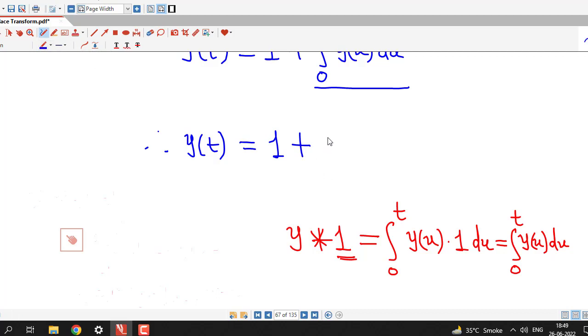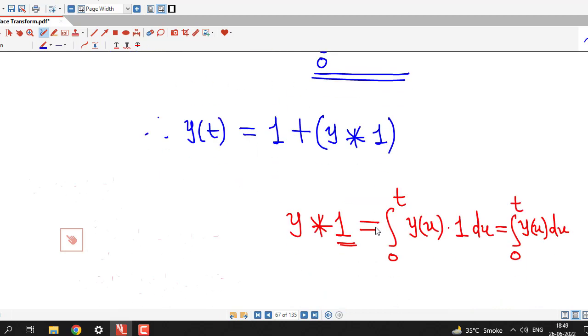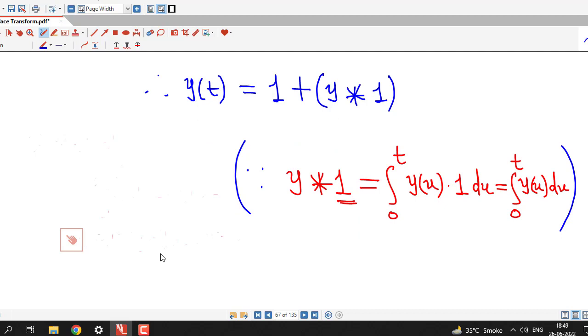So in the next step we replace this integral by y star 1, and we mention in the bracket that y star 1 equal to integral from 0 to t y of u du. Now we consider Laplace transform on both sides of this equation.